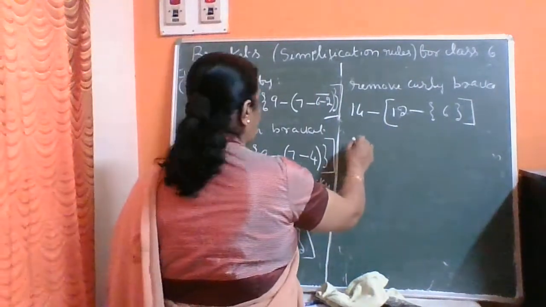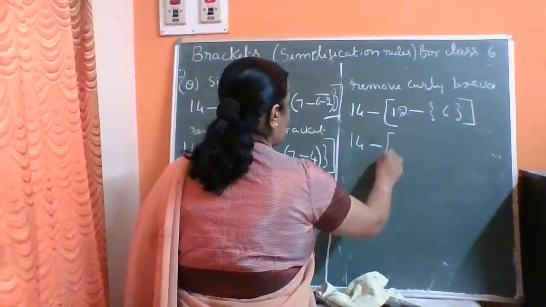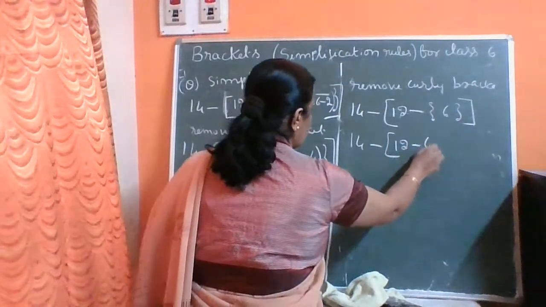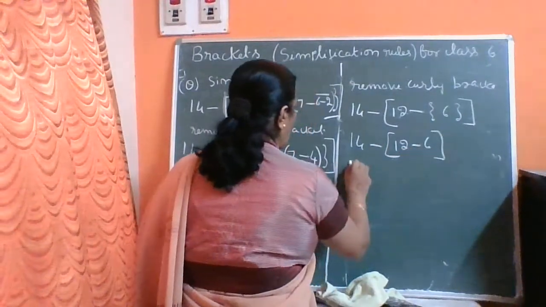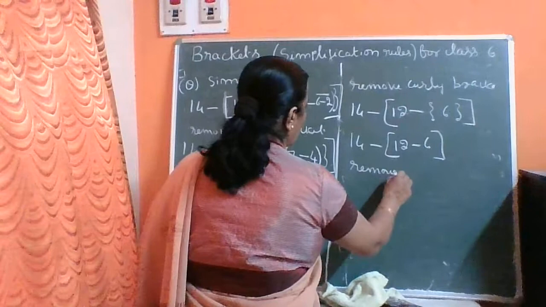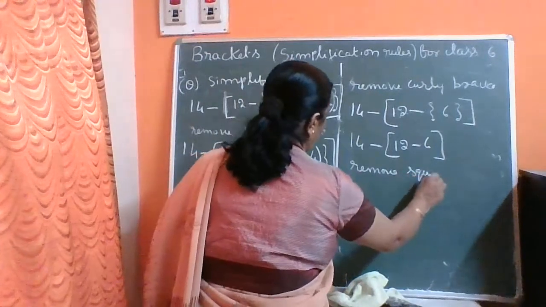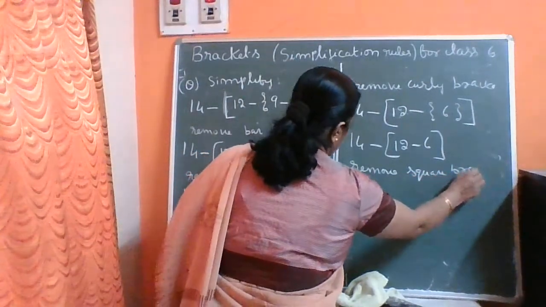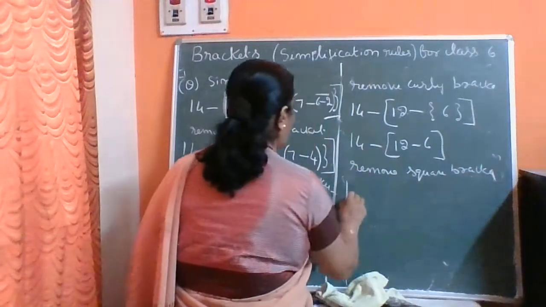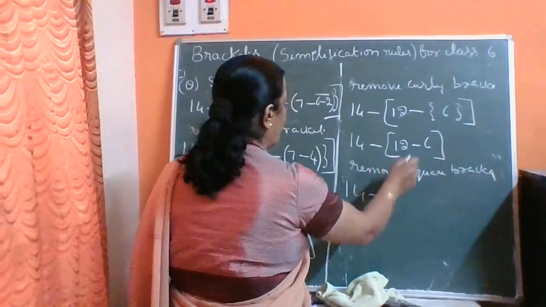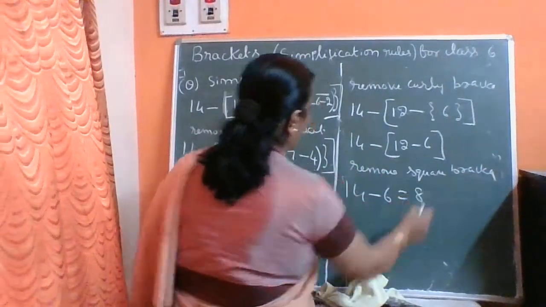Then it is 14 minus 12 minus 6. Now remove square bracket, that is 14 minus 12 minus 6 is 6 is equal to 8.